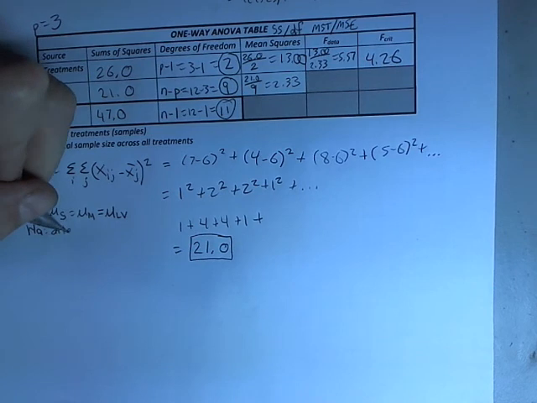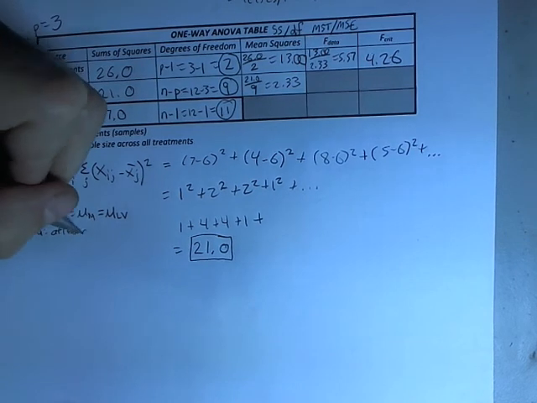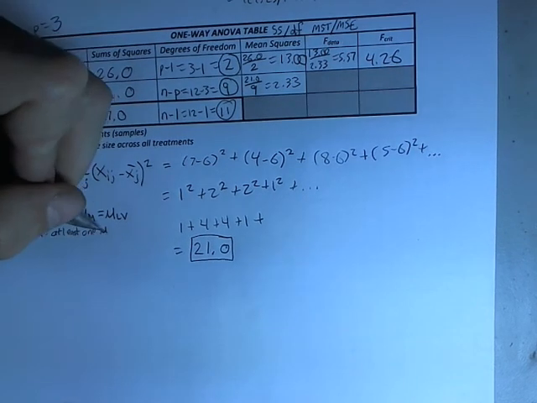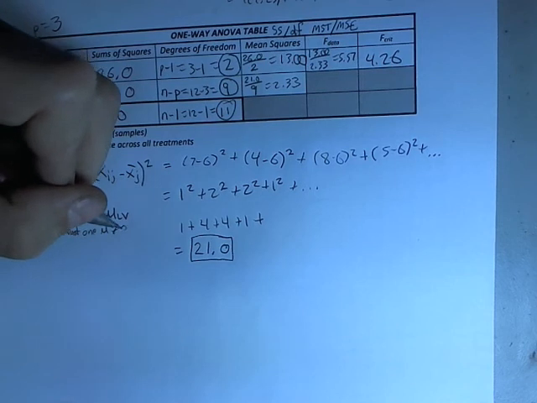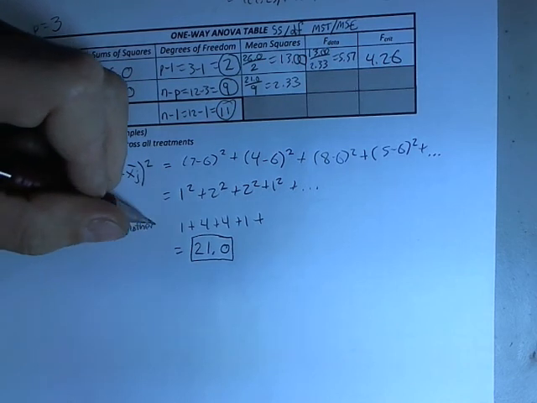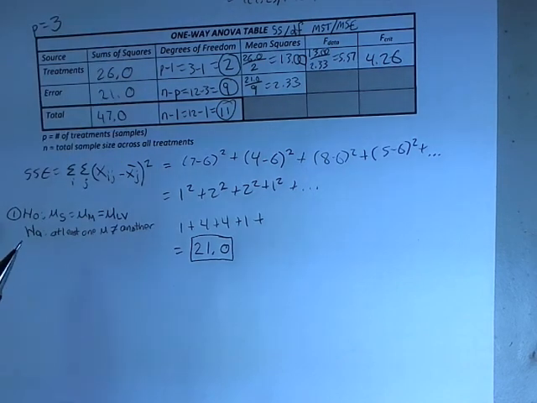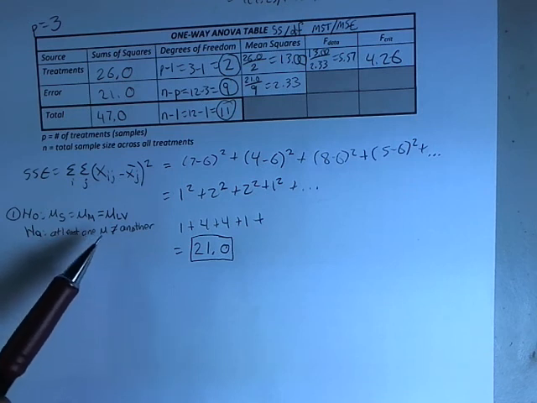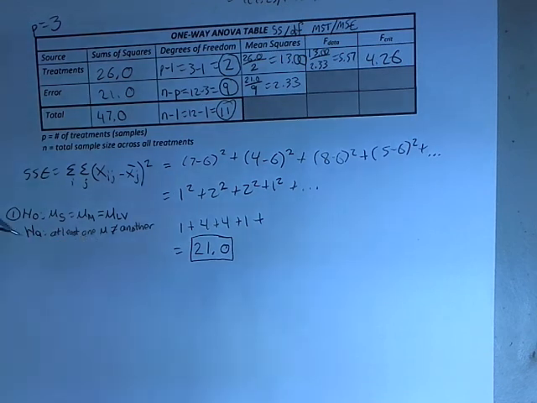And the correct complement to that would be that at least one mean does not equal another. So any ANOVA test will say that all of the means are equal to each other as its null hypothesis, and the alternate will always claim that at least one of the means differs from another.